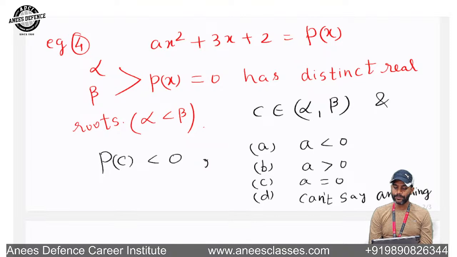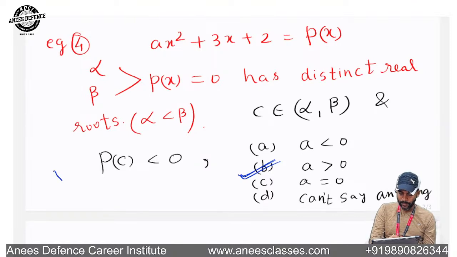It means the graph should be upward. Why? Because if a is positive, then between alpha and beta, the graph is below the x-axis. So simply, the answer is a is positive, option B. I hope it is clear. Very easy.